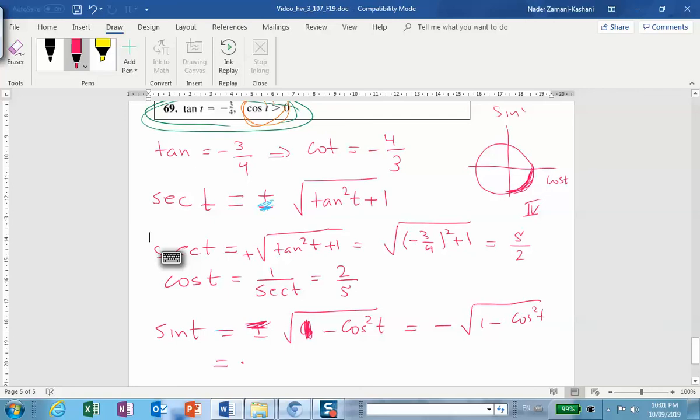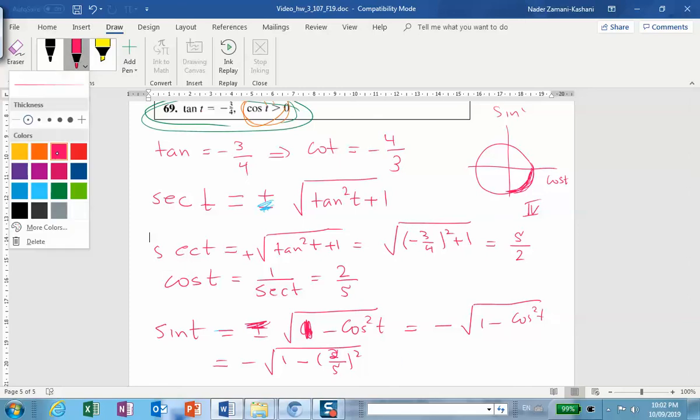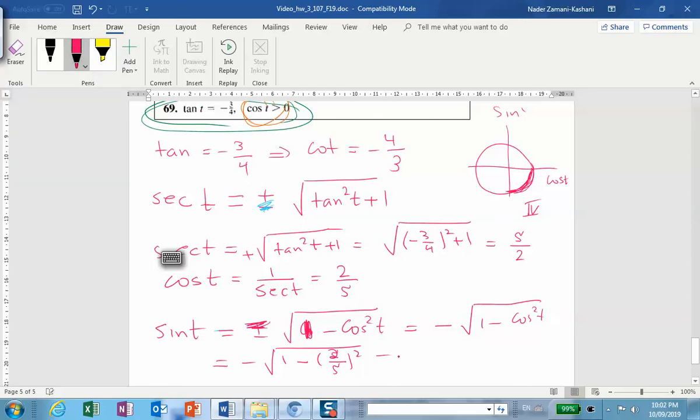So this is minus square root of 1 minus 2 over 5 squared. Okay? Because cosine came out to be 2 over 5, right? And this is negative. Believe me, if you do this, you're going to get 1 over 5.